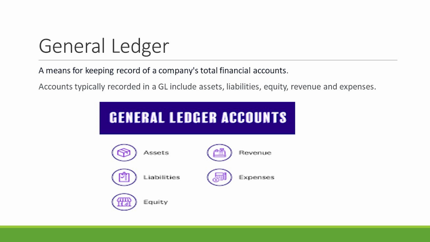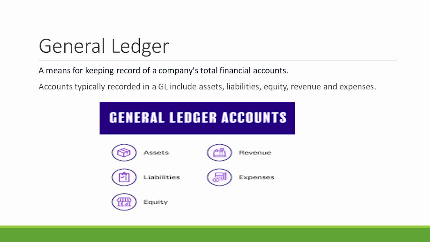The sub-ledgers are like notebooks to use to write down business transactions as they happen, whereas the general ledger is the master notebook where it gives you a summary of all of that information.